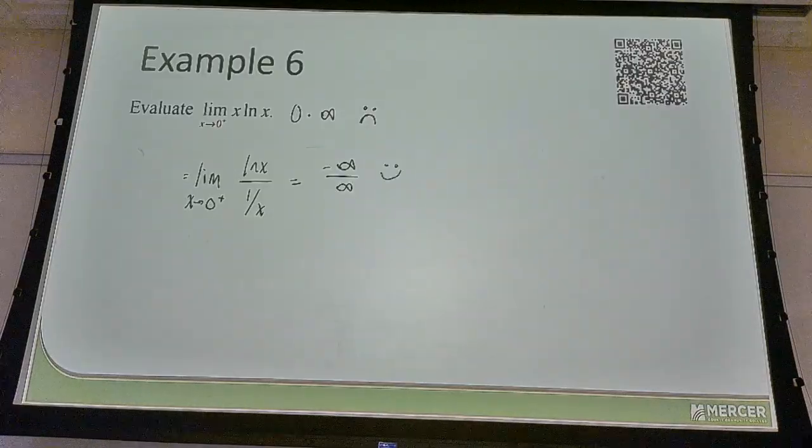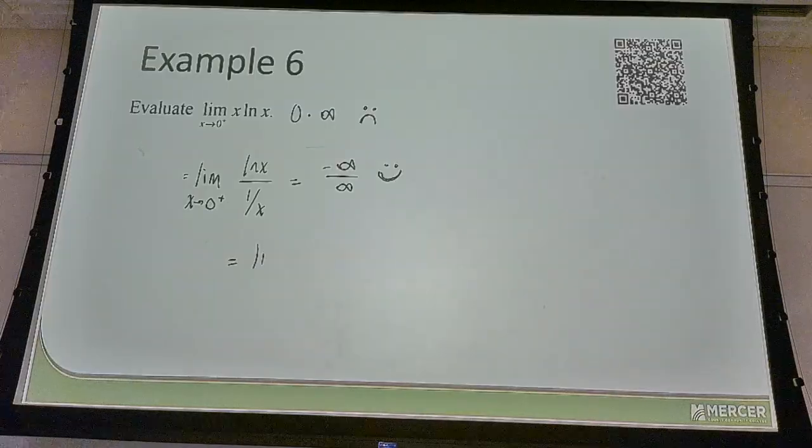Wait, but why could you do that if L'Hopital's rule doesn't apply? Because now it does. Did I take a derivative? No, I just rewrote it. Oh, I see. I rewrote x as 1 over 1/x. Oh, but look, now it's infinity over infinity. Now L'Hopital's rule applies. Now you do it.